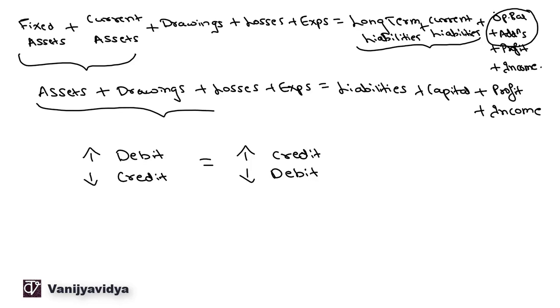So for this side of the accounting equation, this is the rule. For assets, drawings, losses and expenses, increase will be debited, decrease will be credited. Whereas for liability, capital, profit and income, increase will be credited and decrease will be debited. Now let's prepare a summary statement for this.